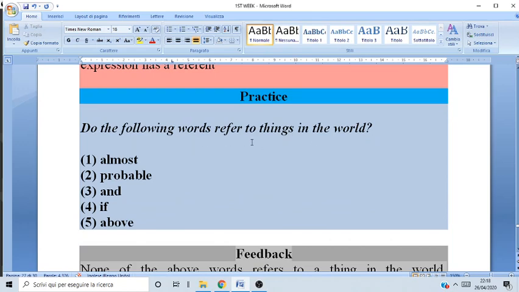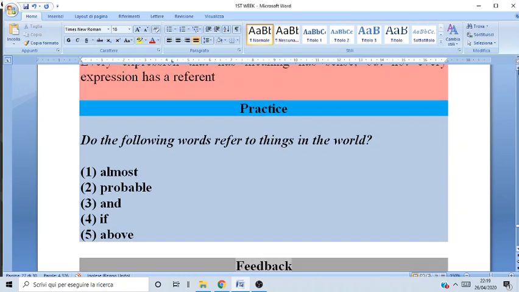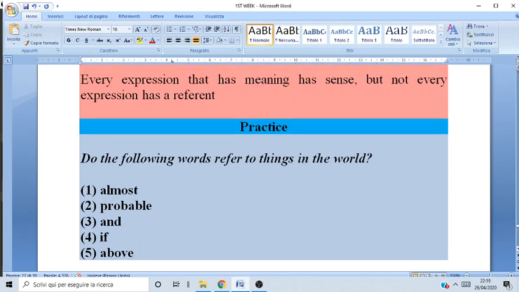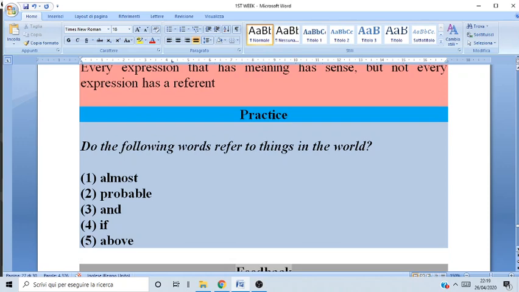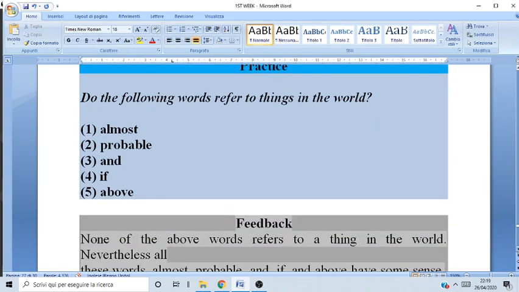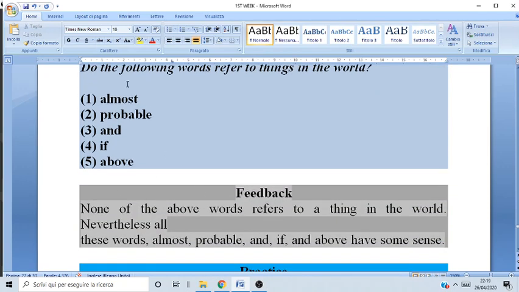Do the following words refer to things in the world? Almost, probable, and, if, and above, based on what I just said here. So we can say that none of these words have a referent in the real world.